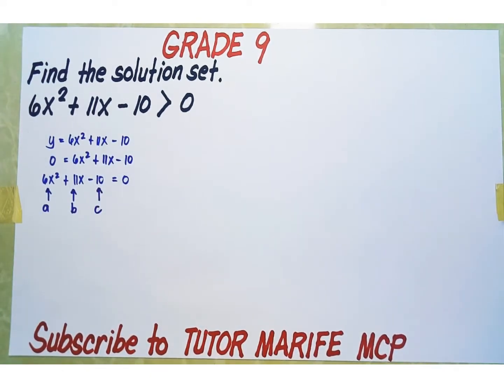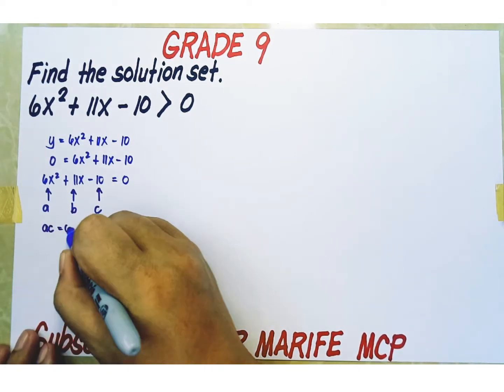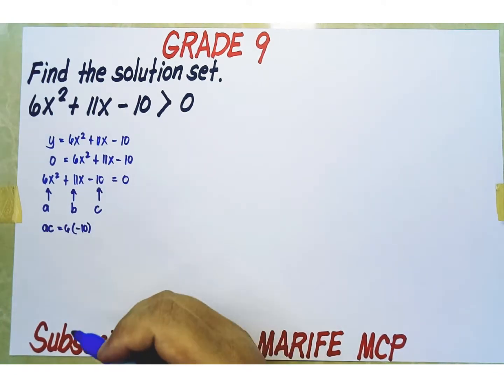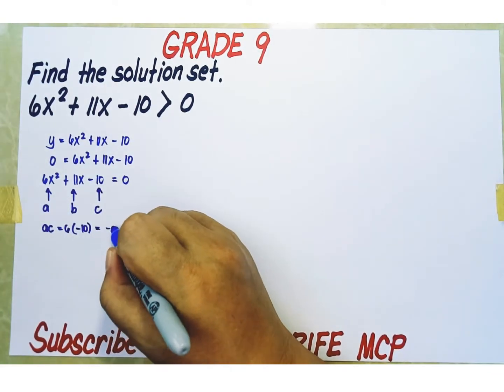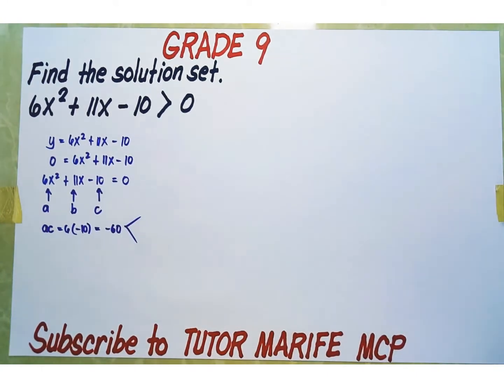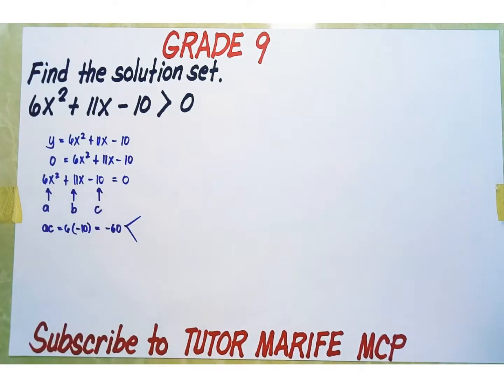AC, the product of A and C, is equal to 6 times negative 10. And 6 times negative 10 is equal to negative 60. Then think of factors of negative 60 that will give you a sum that's the same as your B. It's positive 11.